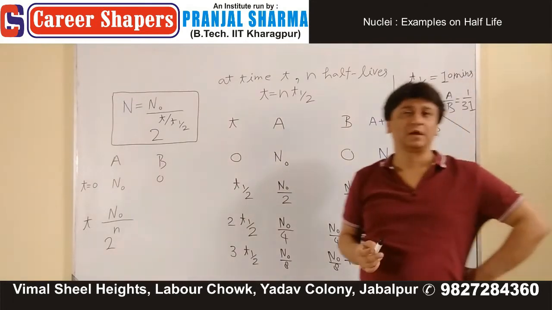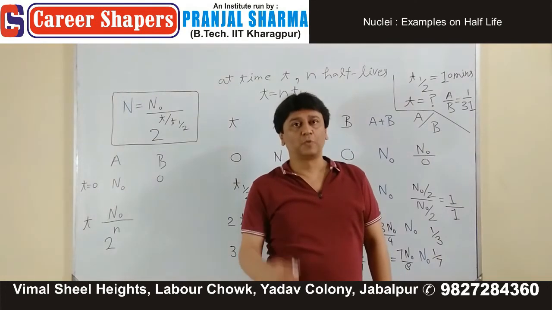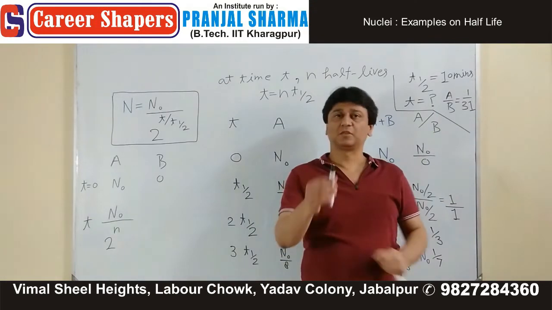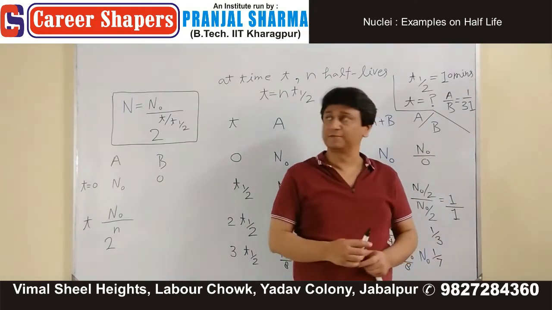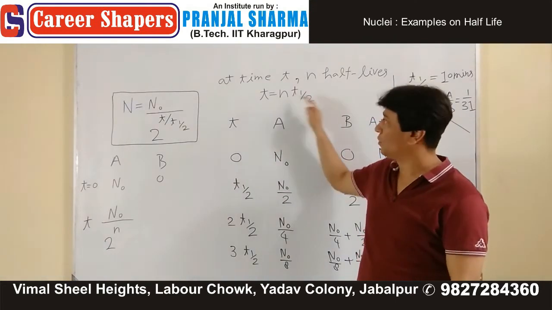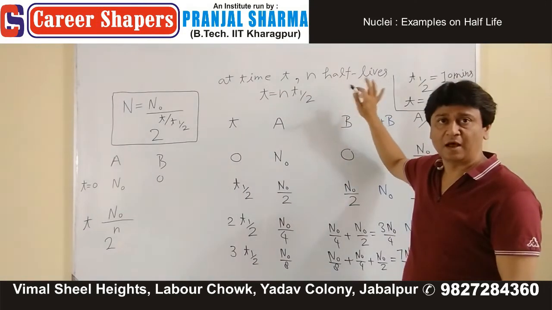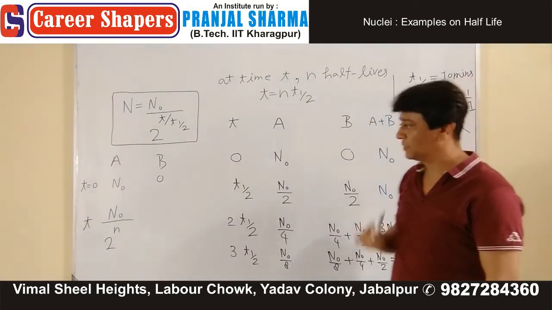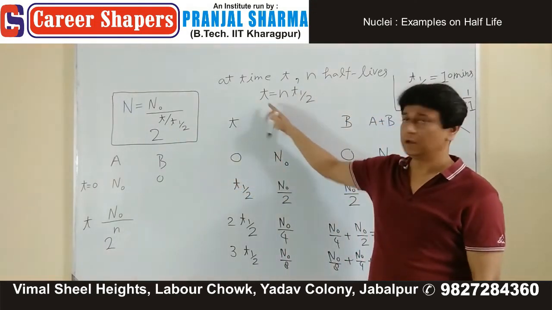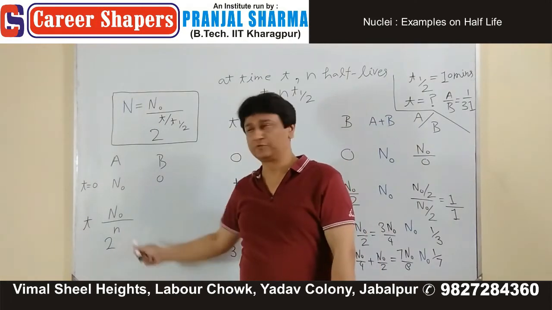For this particular sample, 20 minutes will be 2 t halves. 30 minutes will be 3 t halves. 40 minutes, 4 t halves. So at time t, there are n half-lives over, then this t upon t half is n. It will be easier to answer in this form.